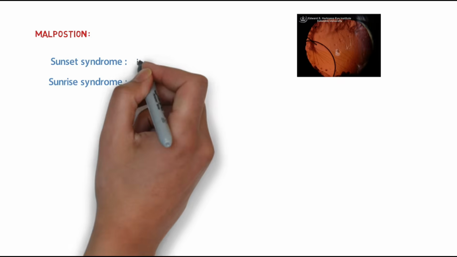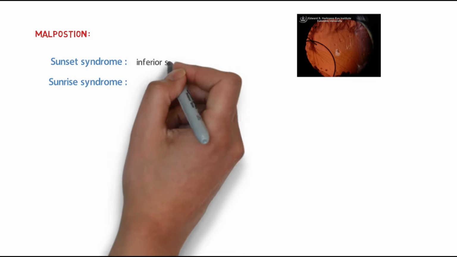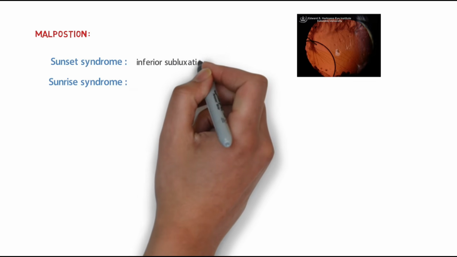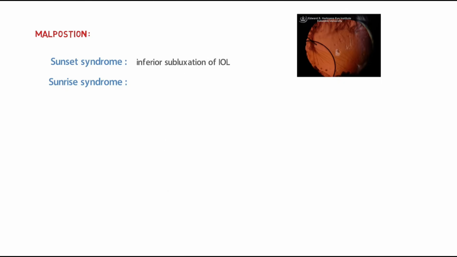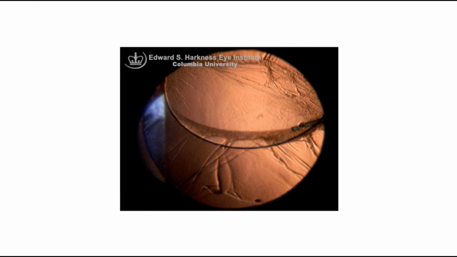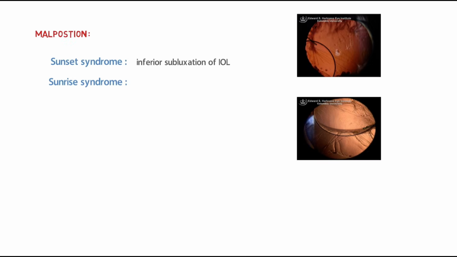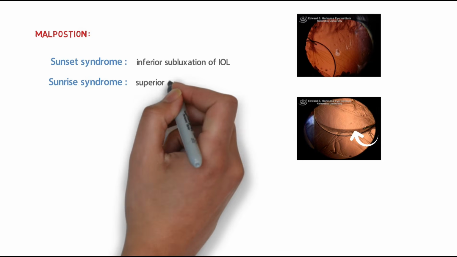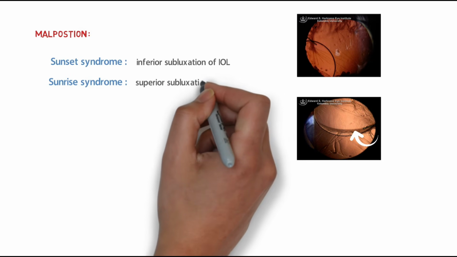In sunset syndrome, look at this diagram. This is the lens and there is an inferior subluxation of the intraocular lens. We can easily locate this intraocular lens which is subluxated inferiorly. And in sunrise syndrome, there is a superior subluxation of the intraocular lens. Look at this diagram.